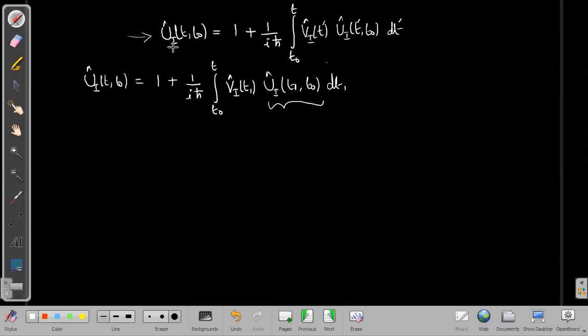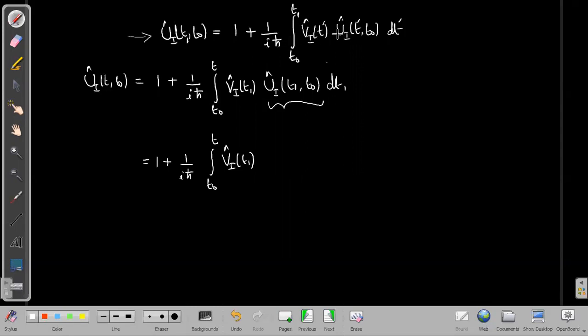Then what I can write is 1 plus 1 by iħ times the integral t0 to t of VI(t1), and now this UI(t1, t0) will be replaced by this equation.